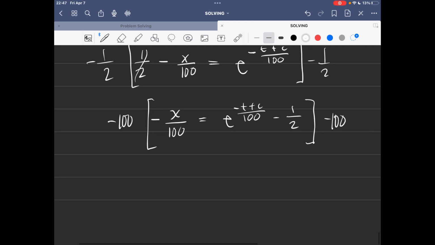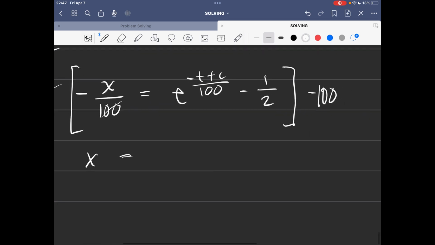So we'll get, cancel this, x becomes positive because negative times negative. Then we'll have 100 times e raised to negative t plus c over 100 minus 1/2.